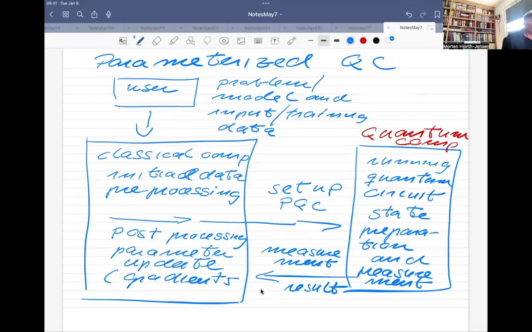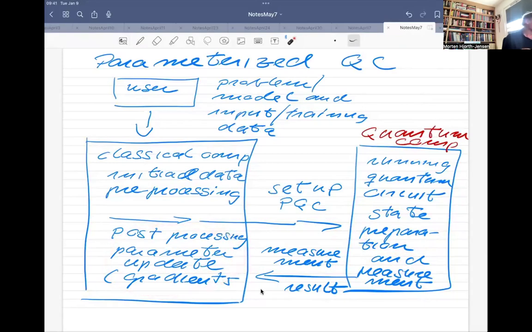And this goes back and forth. So when we've updated the parameters, then these are fed back into the quantum computer. We run the quantum circuit. We have already performed the state preparation. And then we perform a new measurement. This is fed back. We have new parameters, which we would update with a standard gradient descent.